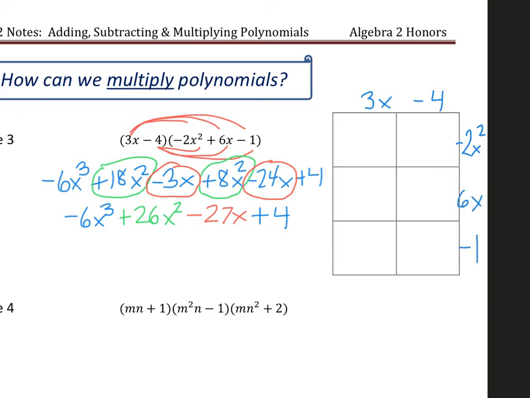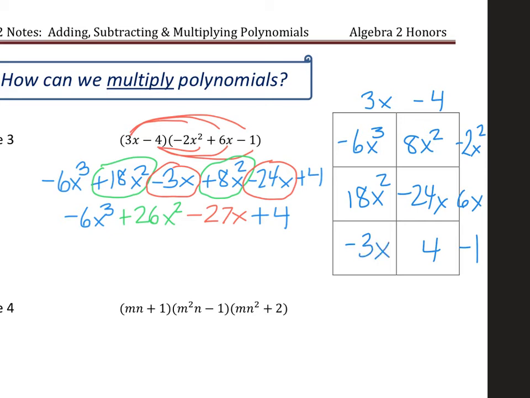And the box is really just managing all of the distribution, so that you don't forget a term. So you start to do your multiplication as you normally would, and you'll get all your terms lined up. And then you would just combine each of the like terms.